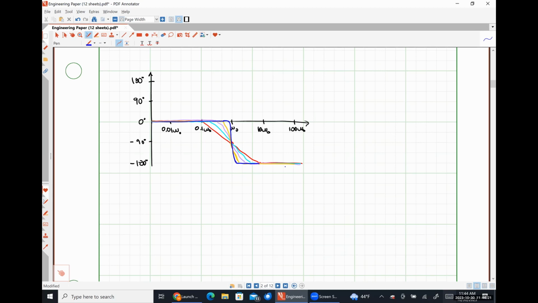And then if we were ever able to physically realize the system with a damping factor of 0, we would see an instantaneous transition from 0 degrees to negative 180 degrees exactly at our resonant frequency. Okay. All right.